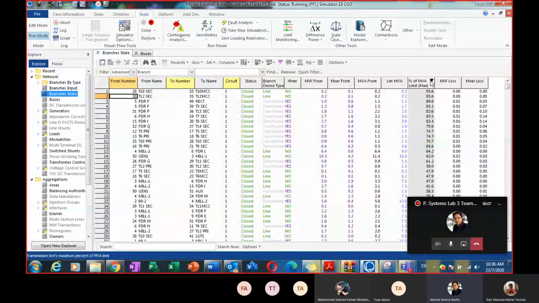Maybe yes, this one, right? Yes, right. So which one is the highest one? Bus number 28. And which one is the lowest? The lowest one is bus number 29.